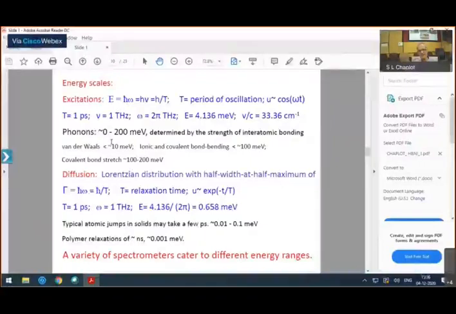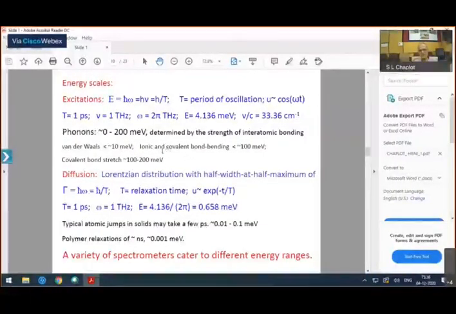Phonons typically occur in the range of 0 to 200 millielectron volts. Again, the values are determined by the strength of the interatomic bonding. For example, in van der Waals solids, which have relatively weak bonding between atoms, the phonon energies are around the order of 10 millielectron volts.